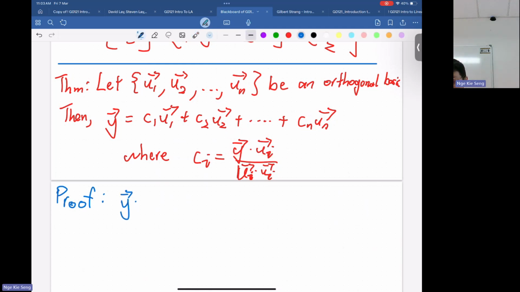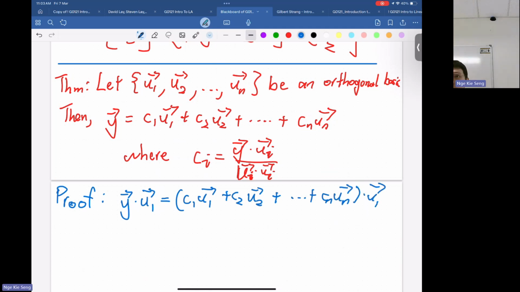What happens if you dot y with u1 here? Meaning you are dotting your linear combination with this u1. Correct or not? Okay. But if you dot with this u1, what happens? The dot product is distributive, so you can dot every term inside the sum with u1 also. But what happens now if we do this? You notice? We are dotting u1 with different ui.